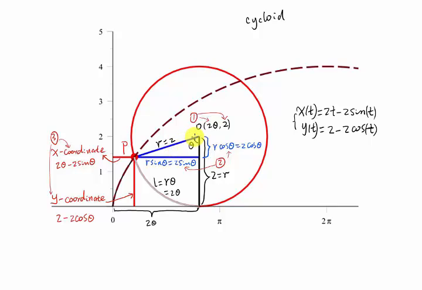R again is 2, so 2 cosine theta. So in step 2, we figured out this leg, which is 2 cosine theta, and this part, which is 2 sine theta.